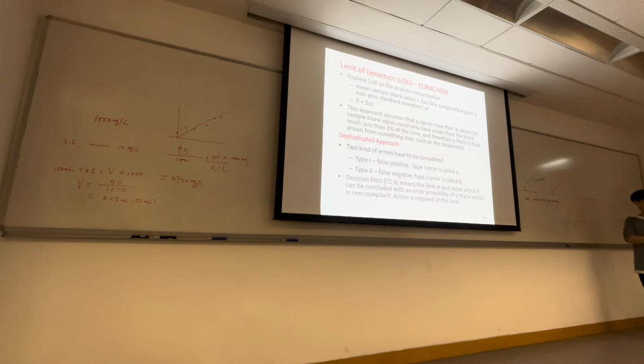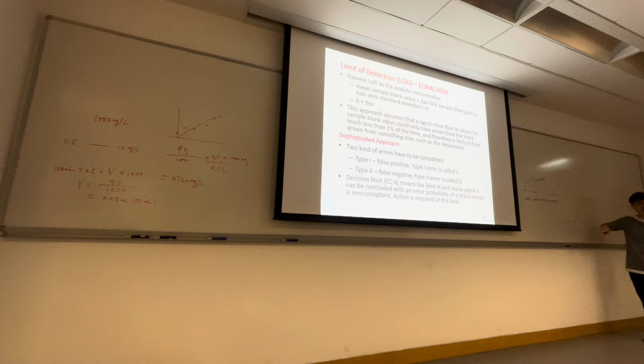But now we just have 10 measurements. The t value will be much bigger. But remember, we look for 1 tail, not 2 tail. Anything larger than this, no need for equal to, okay?